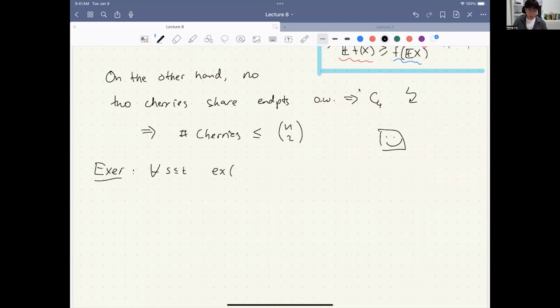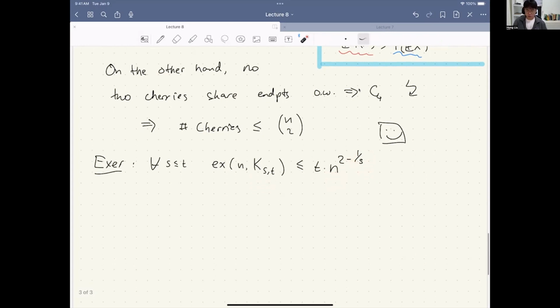Try to prove that for complete bipartite graphs, we can use similar arguments to show that this is at most t times n to the 2 minus 1 over s. Again, for complete bipartite graphs, we gain in the power of n. So it's enough to prove this weaker exercise. We know the power here.